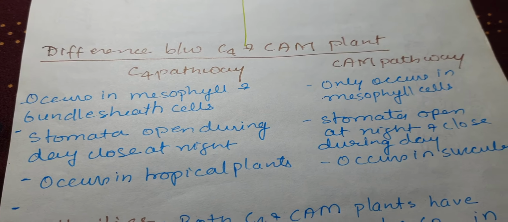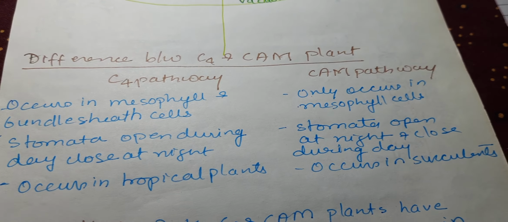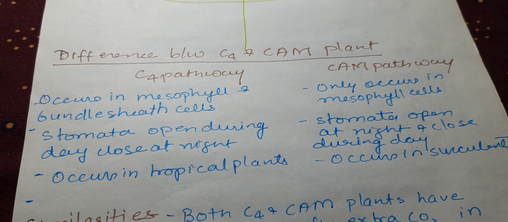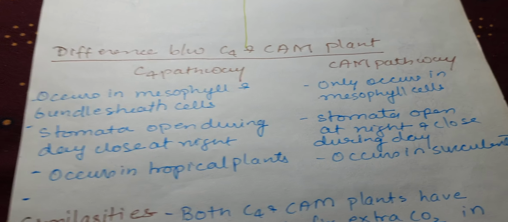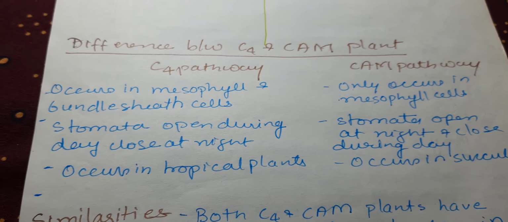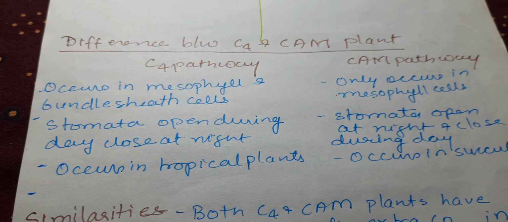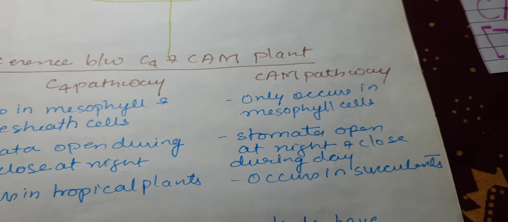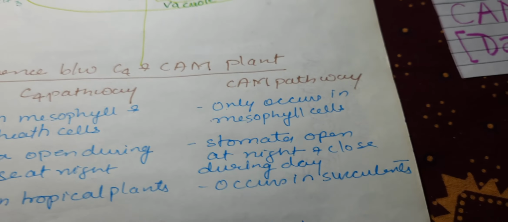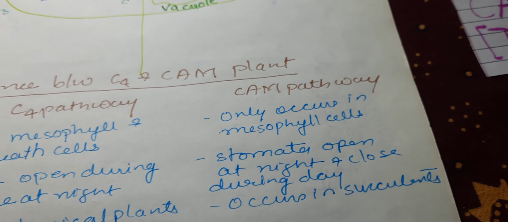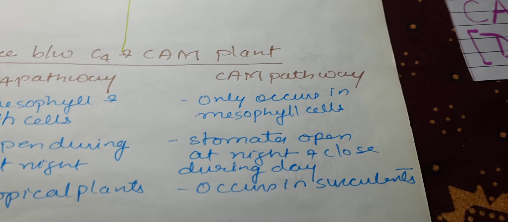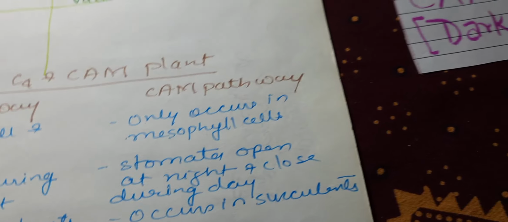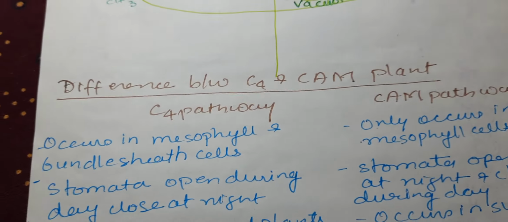The C4 pathway occurs in mesophyll cells and bundle sheath, whereas CAM occurs in mesophyll cells. In C4 plants, the stomata are open during the day and closed at night, whereas it is the opposite in CAM. Usually C4 operates in tropical plants, whereas CAM operates in succulent plants, and it is associated with conservation of water, so that with a low amount of water the plant is able to do photosynthesis, whereas C4 is to minimize photorespiration.